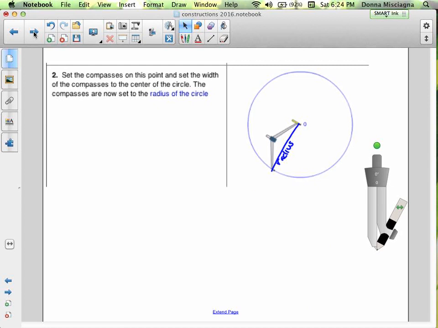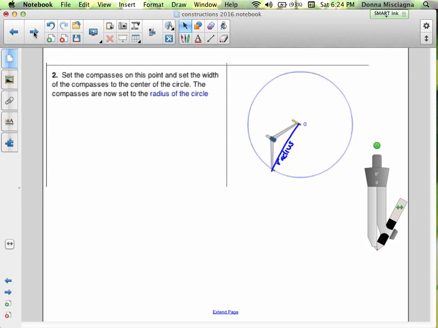All right, so you're going to take your compass and you're going to open it up. You're going to put the pointy part at the center, and you're going to put the pencil at the edge, or actually it doesn't matter which way it is because you're not doing anything right here. You could put the pencil at the center or the pointy part at the edge, because all you're trying to do is measure the radius of your circle.